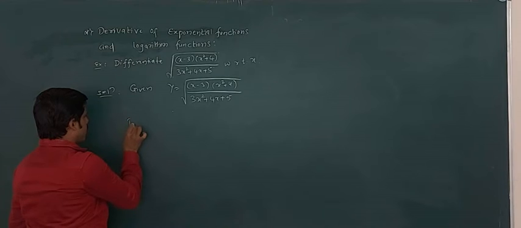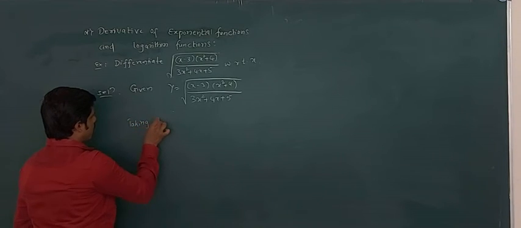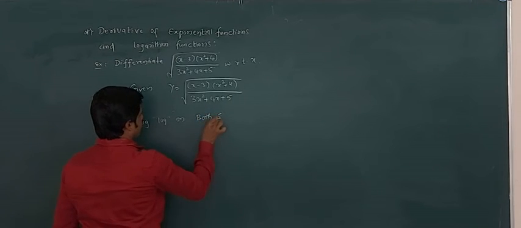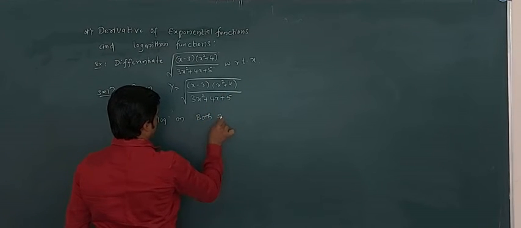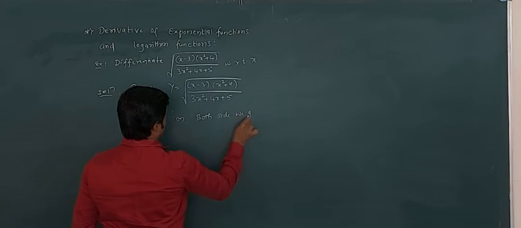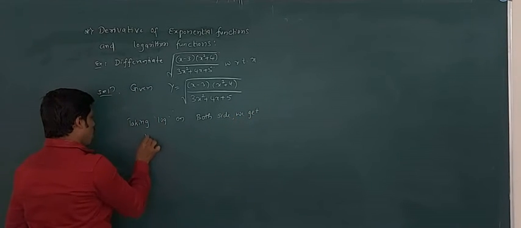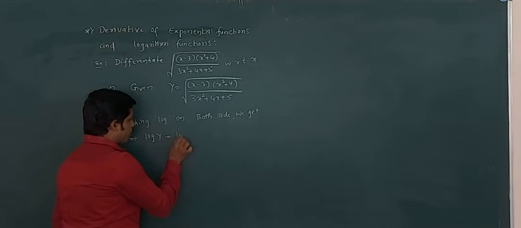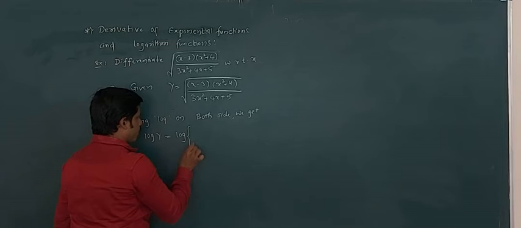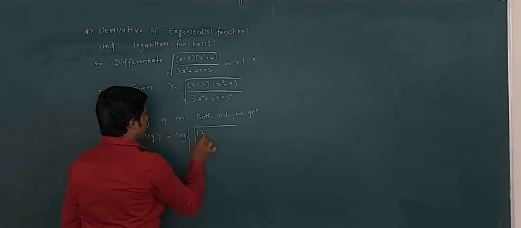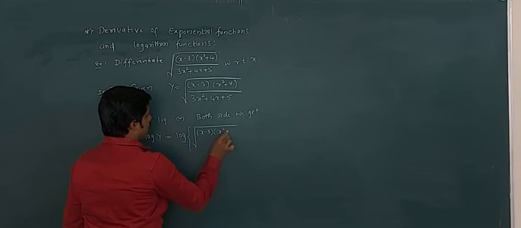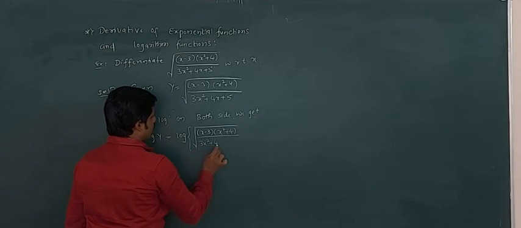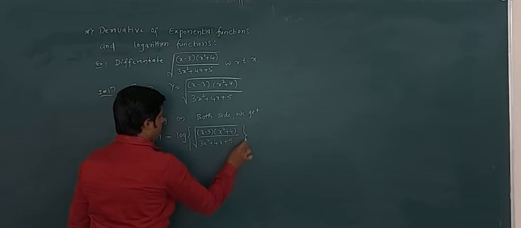So taking log on both sides. We get log y on the LHS, log y is equal to log of square root of (x minus 3)(x square plus 4) divided by (3x square plus 4x plus 5).